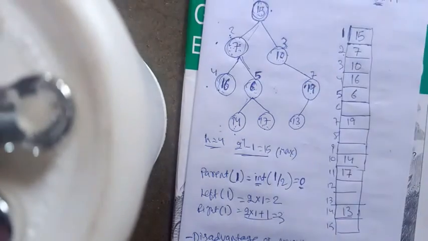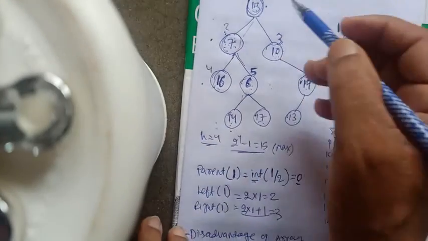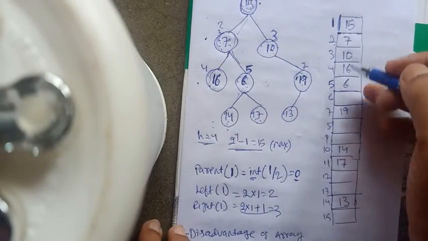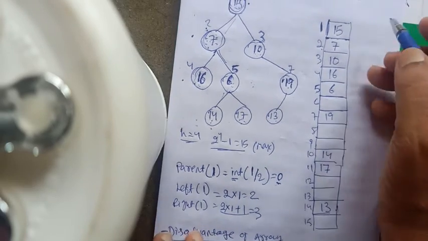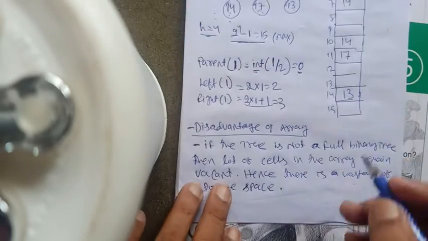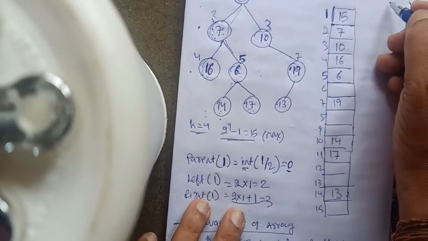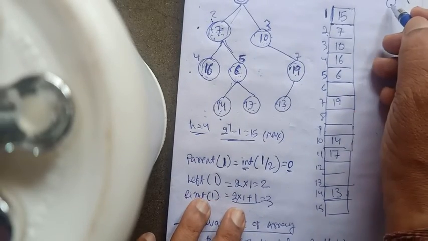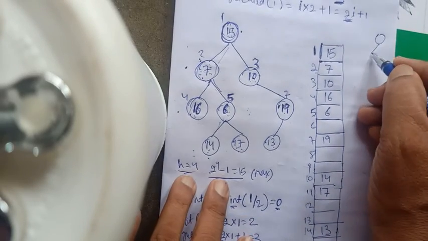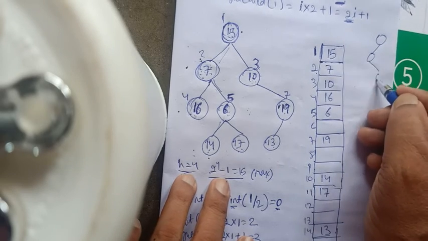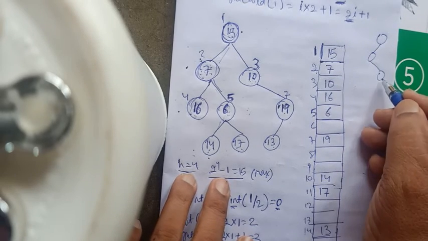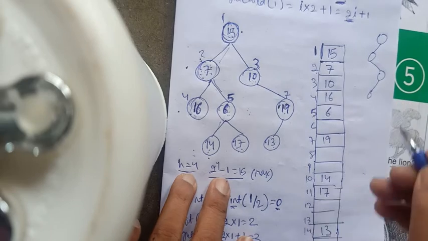Right now, in this tree, I have some space lying vacant. But suppose I create a tree like this. First node, this is the root node. Then it has a second node, only one child. Then it has one single child. Then it has one child.